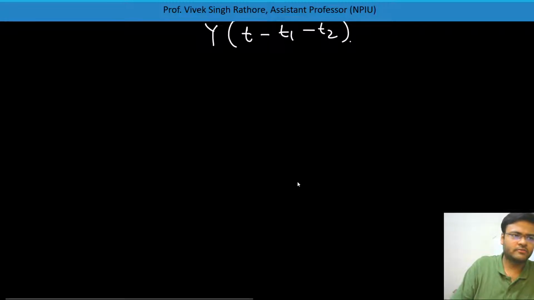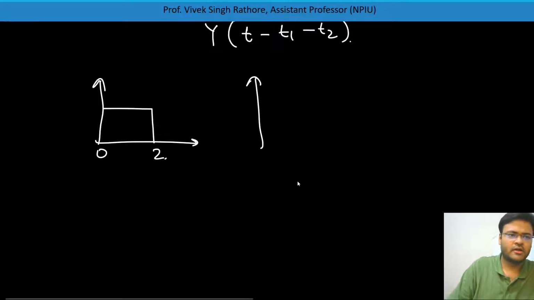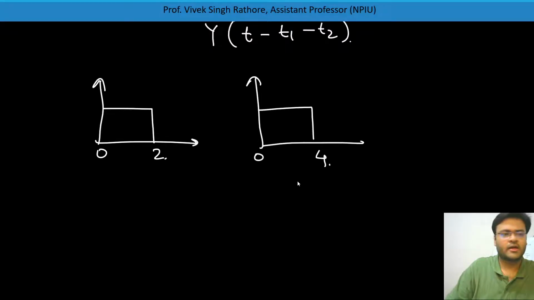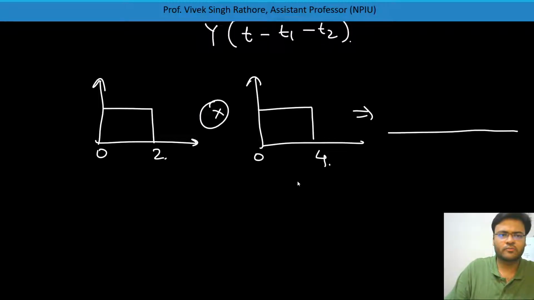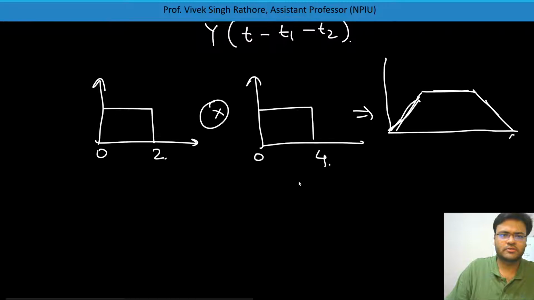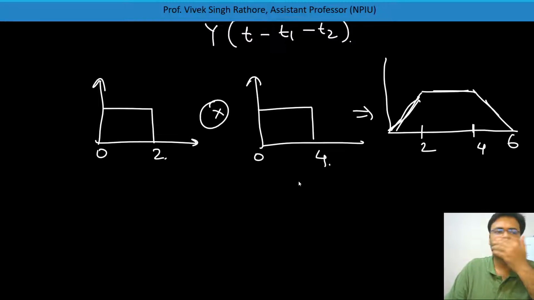Practically, I will tell you. See, if your signal is there from 0 to, let's suppose, 2, and this other one is from 0 to 4, then doing convolution we'll get an output from 0 to 6, with the rising and falling parts at 2 and 4. That was your output earlier.